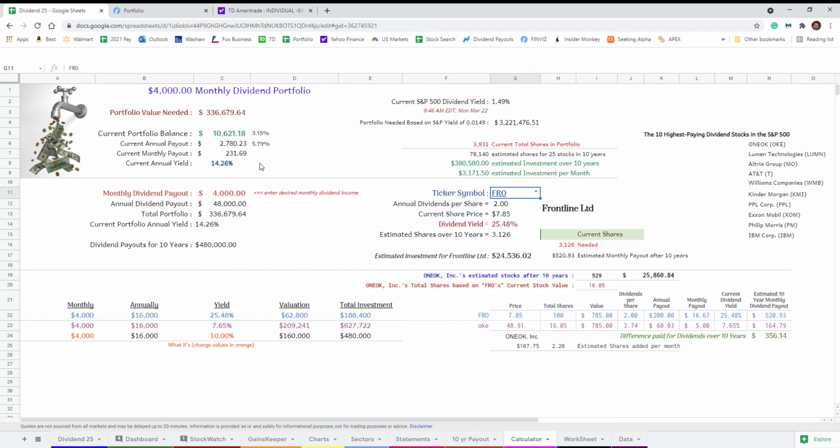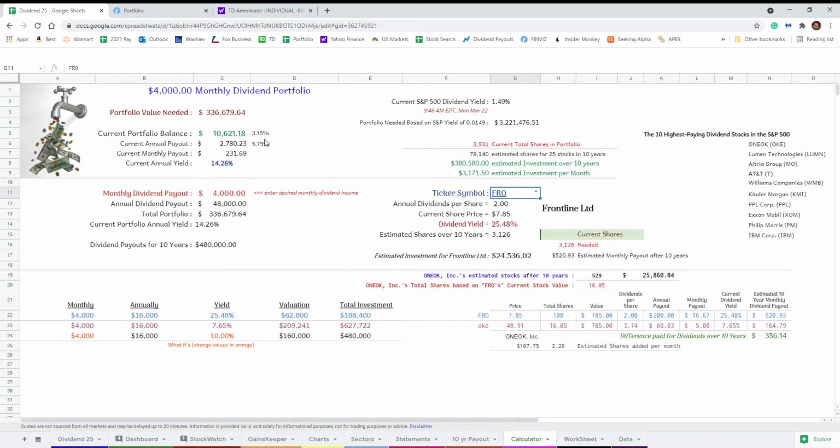So that again seems almost unreachable, because I currently only have 10,621 in this portfolio, which is 3.15% of where I need to get to. And again, it's going to be a challenge.